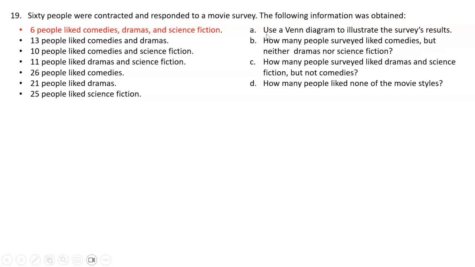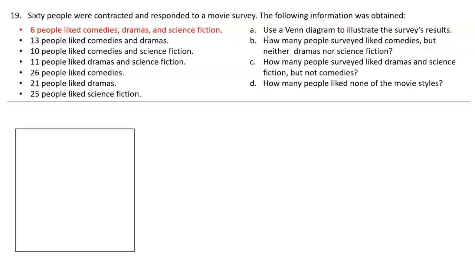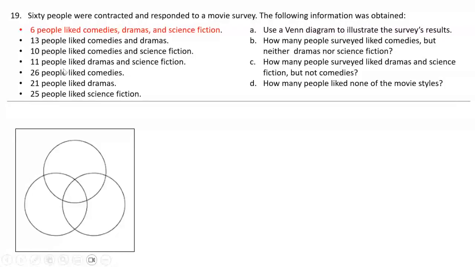For part A, we have to use a Venn diagram to illustrate the survey's results. So we have to construct a Venn diagram. Since there are three types of movies, we're going to have three sets. Now, the universal set is 60 because 60 people were contacted to respond to the survey. So let's call it C. Set C stands for comedies.